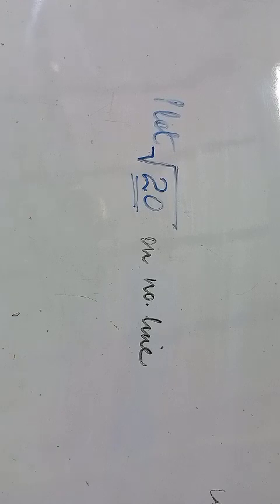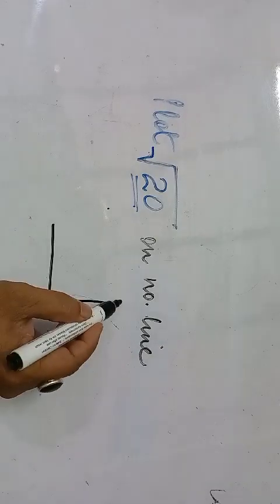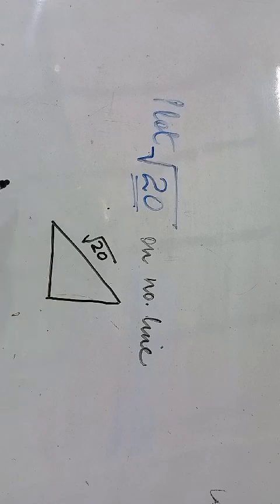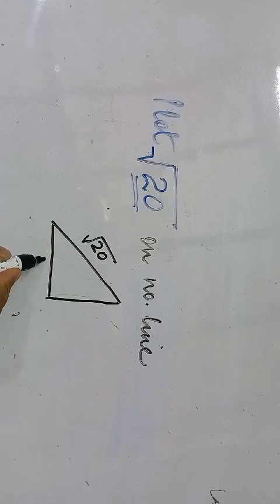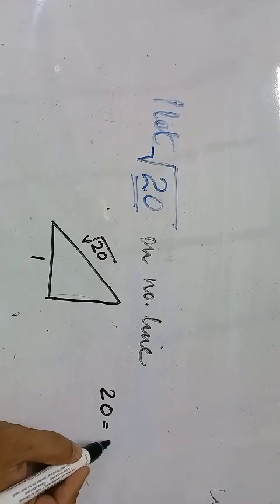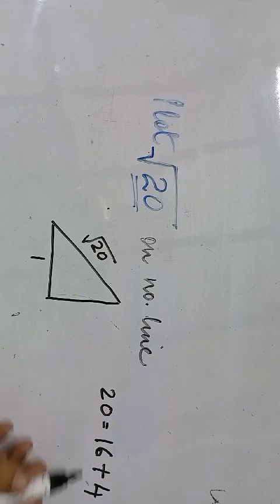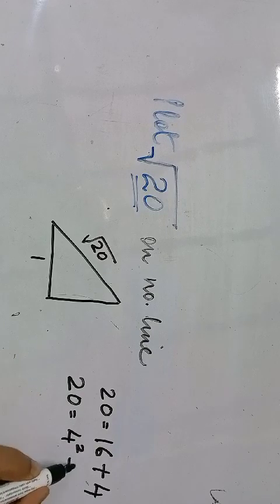Again, the process will be the same. Root 20 has to be broken up. If you want to make a triangle, for example, root 20 has to be the hypotenuse. So 20 can be broken as 16 plus 4, right? So 20 will be 4 square plus 2 square.